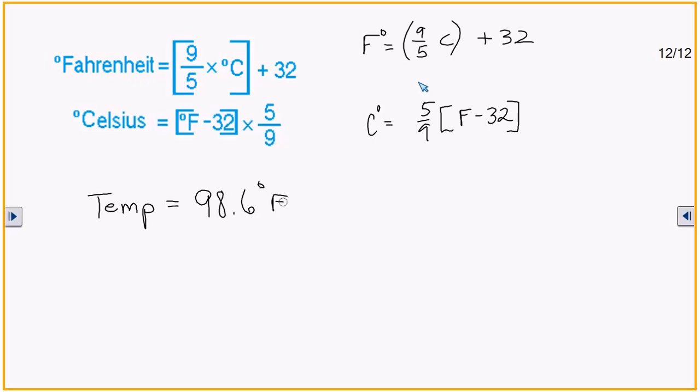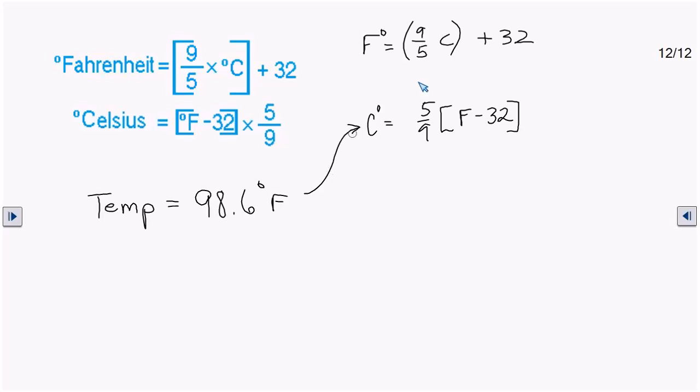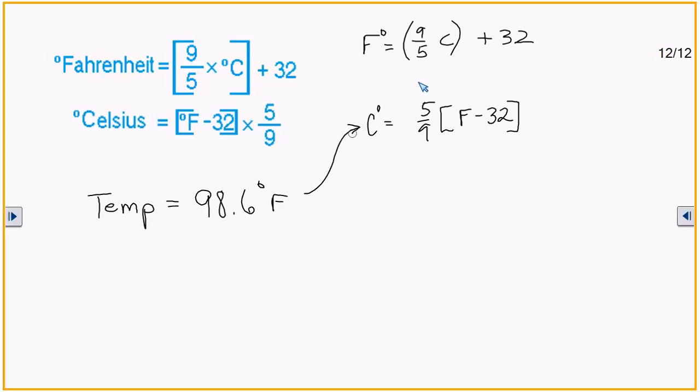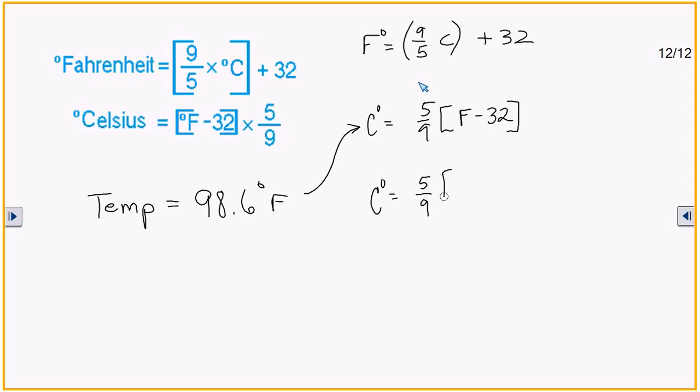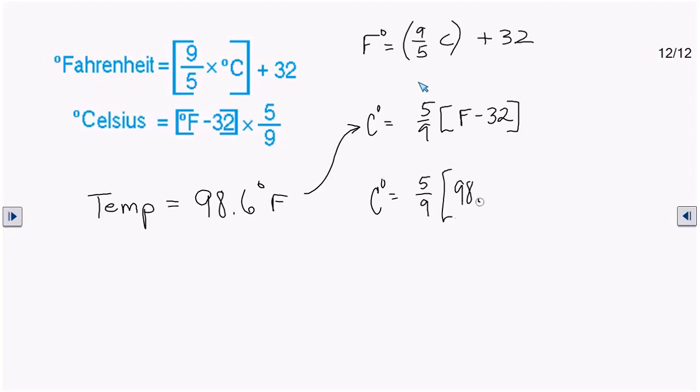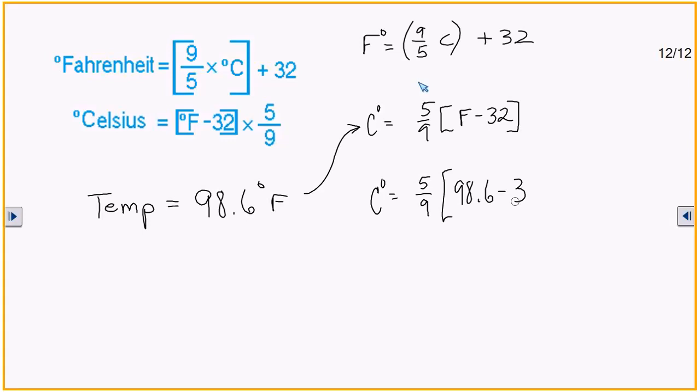Okay? And you want to change that to Celsius. So you plug it into this formula. And that's going to give you C is equal to 5/9 times 98.6 minus 32.